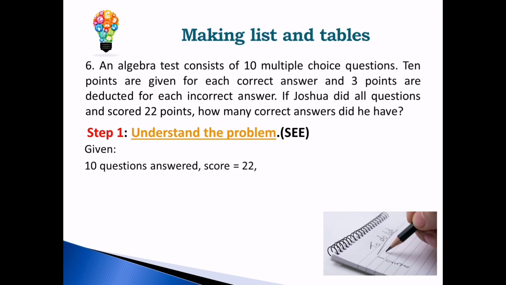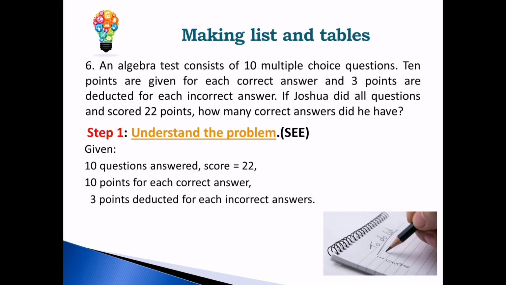Okay, we have our given: 10 questions answered. Score is equal to 22, 10 points for each correct answer, 3 points deducted for each incorrect answer. As you can see, you're going to answer all the items, which is 10 questions. And right after everything, the score that you must have is 22, considering that every correct answer is 10 points, and an incorrect answer will be deducted 3 points from that score.